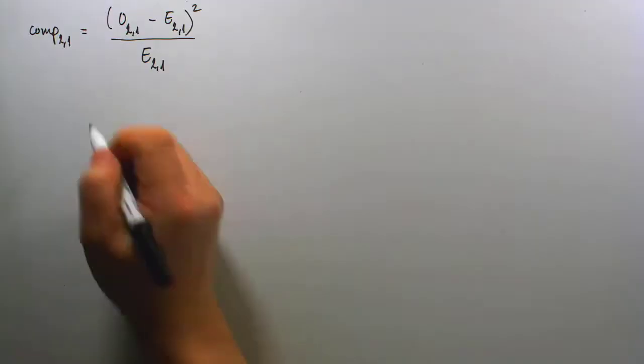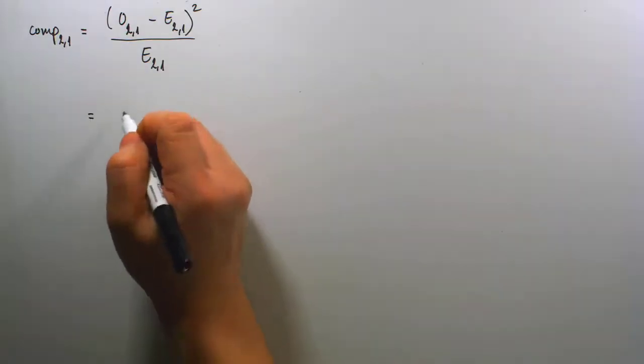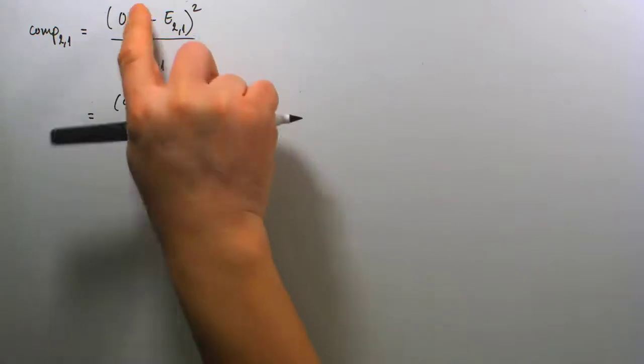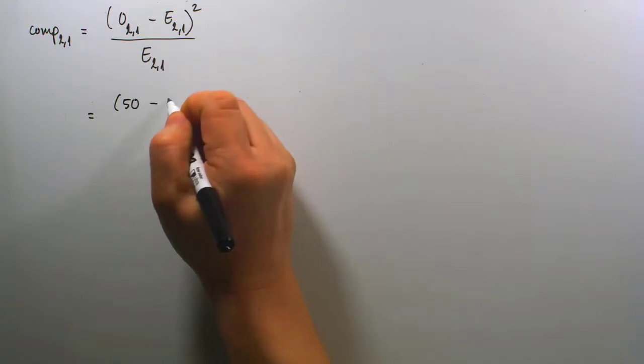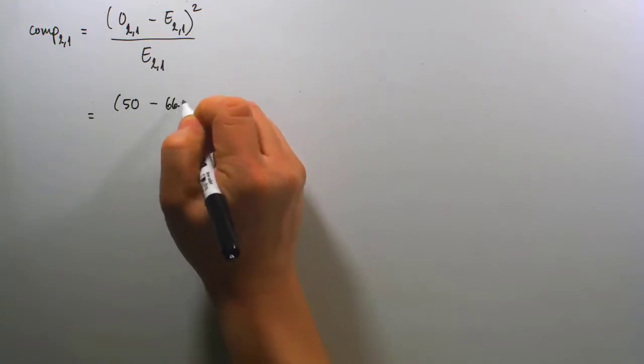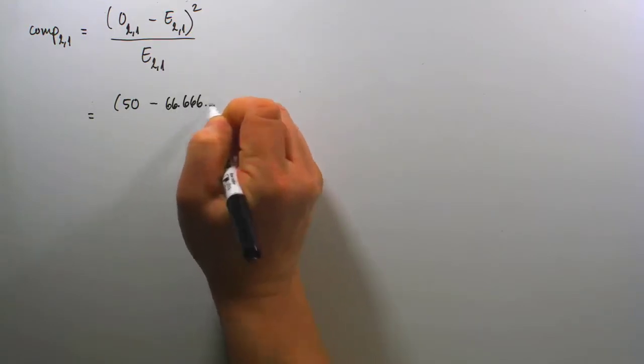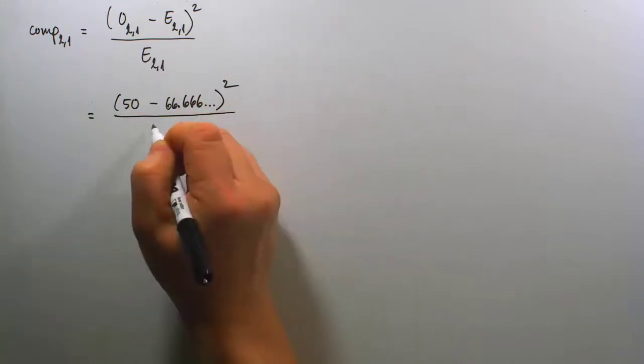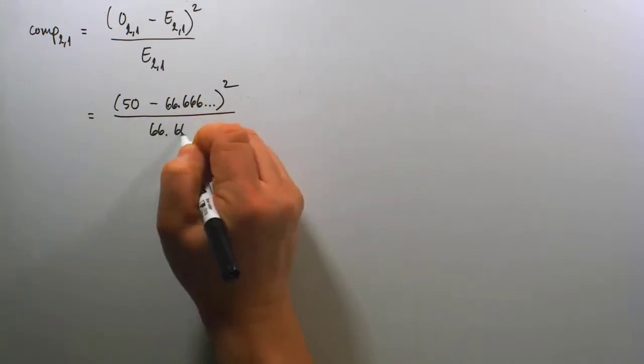And so in that way, I had 50 for observed count in row 2, column 1, and I had 66.6666 and a lot longer, all the 6s here. Square the difference and divide it by 66.66666.